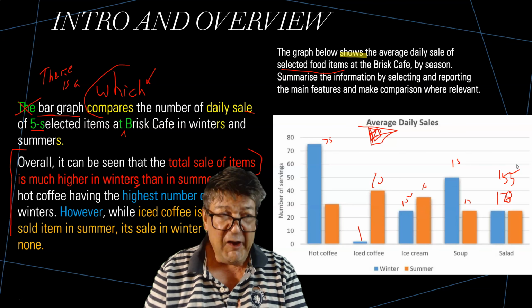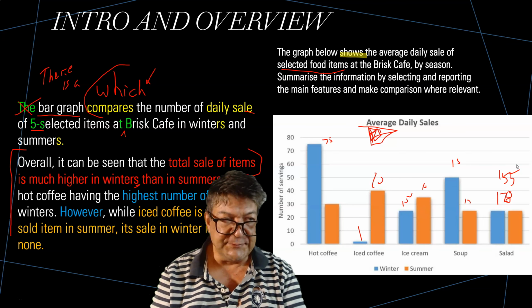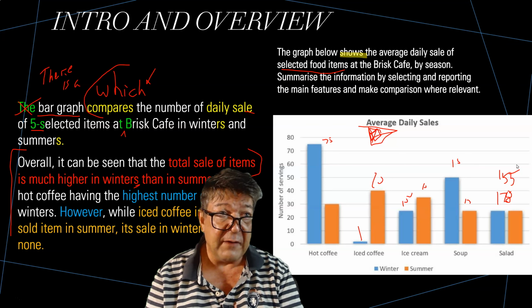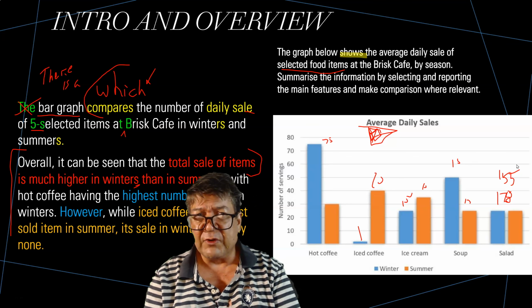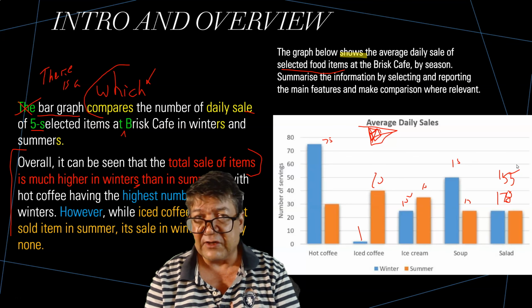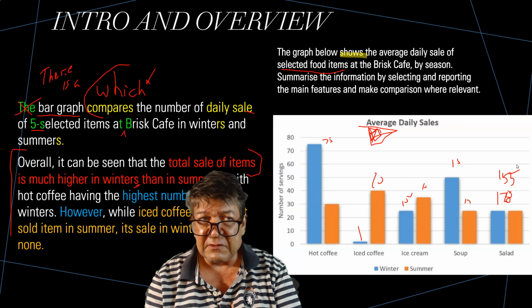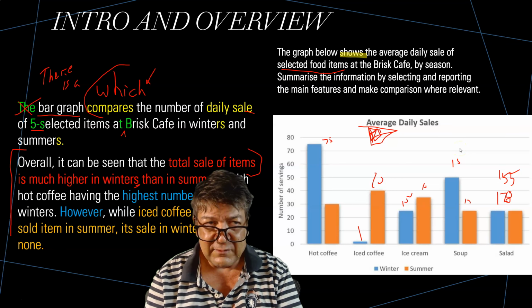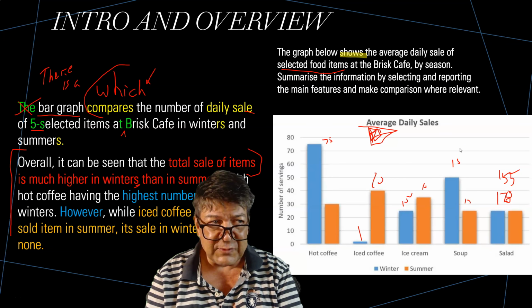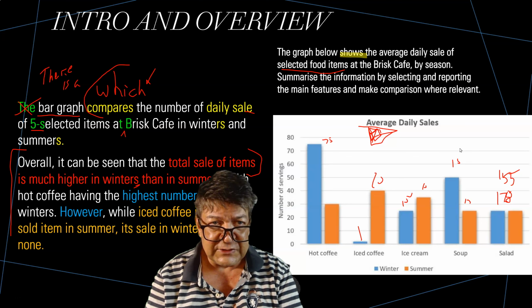How do you do it? Well, we'll assume that, okay, right. "With hot coffee having the highest number of sale." Not necessarily. Certainly the greatest number of servings in winters. That's unclear. "However, while iced coffee is the most sold in summer, its sale in winter is nearly none."